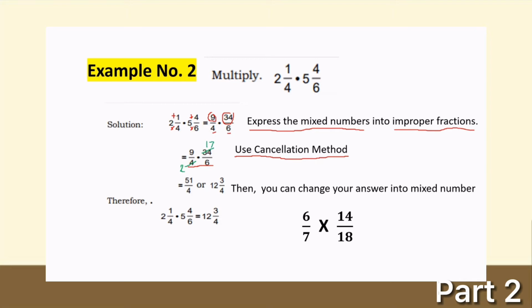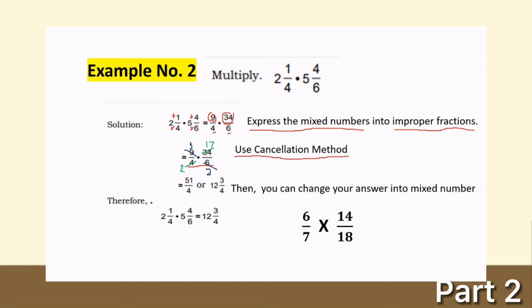Okay. Next, pwede pa natin cancel ang 9 at saka 6. So, divisible siya by 3. Pwede natin siya i-divide sa 3. 9 divided by 3 is 3. 6 divided by 3 is 2. Okay. So, meron pa bang pwedeng makancel sa 3, 17, 2, and 2? Wala na.